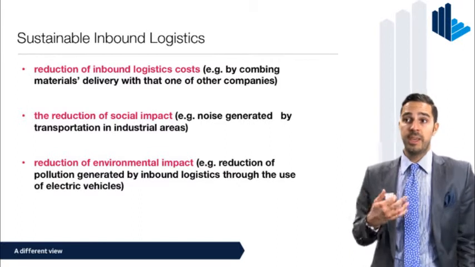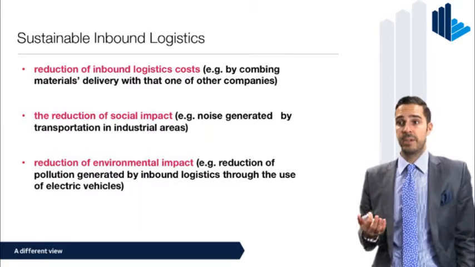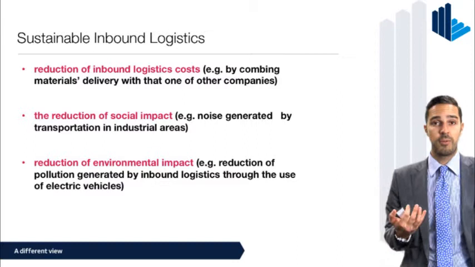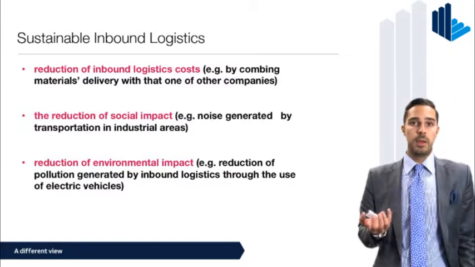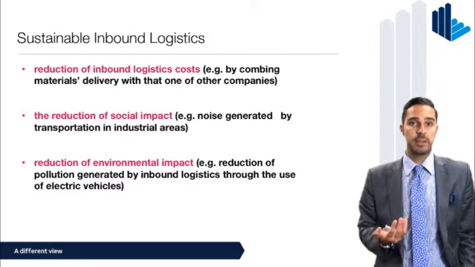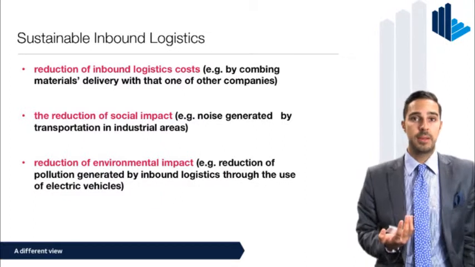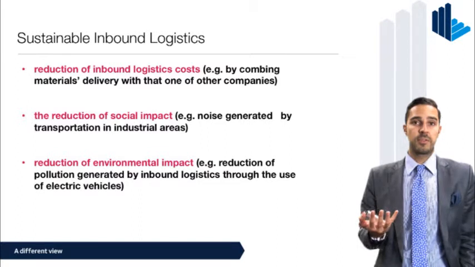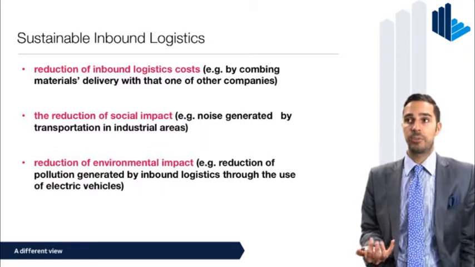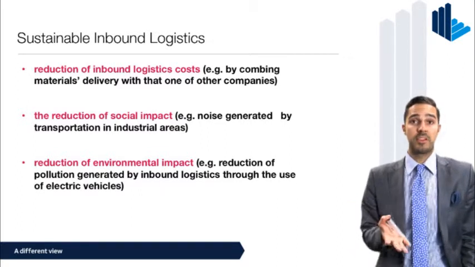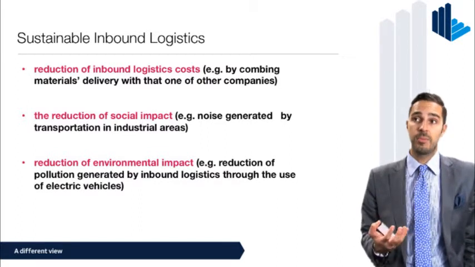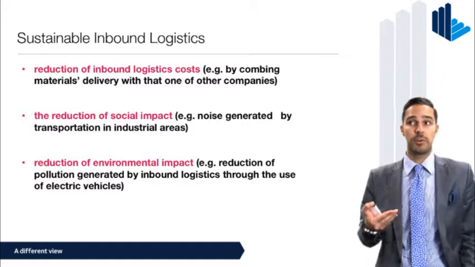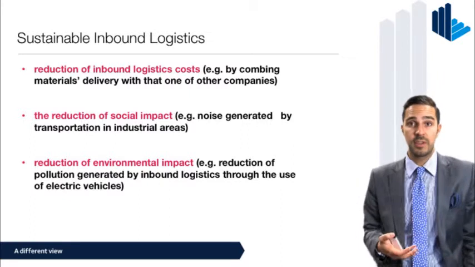First, in the area of inbound logistics, and this is, of course, similar to outbound logistics, addressing sustainability means analyzing these processes in the light of the triple bottom line. So, for example, from a business perspective, in order to make the process economically sustainable, you want to reduce your cost of inbound logistics.